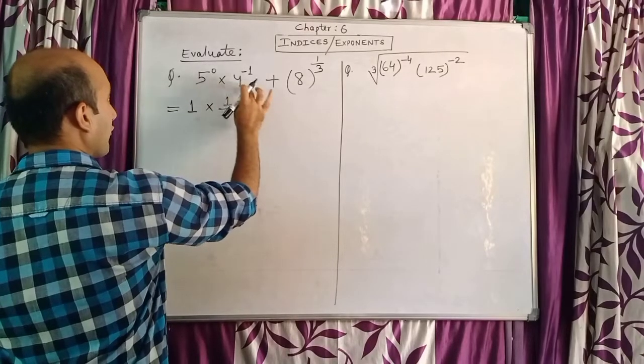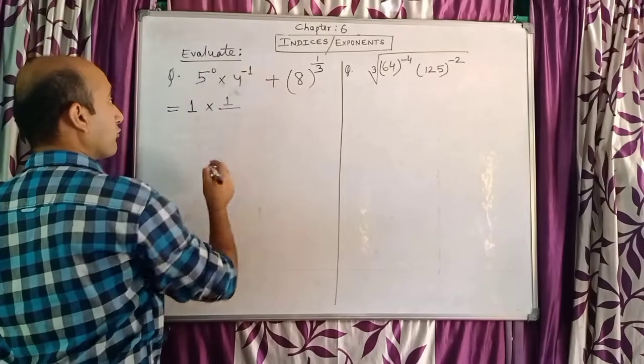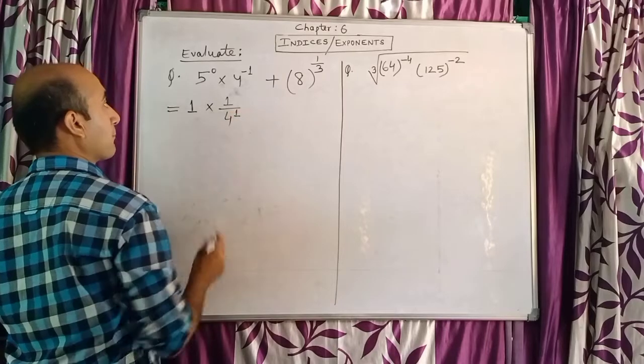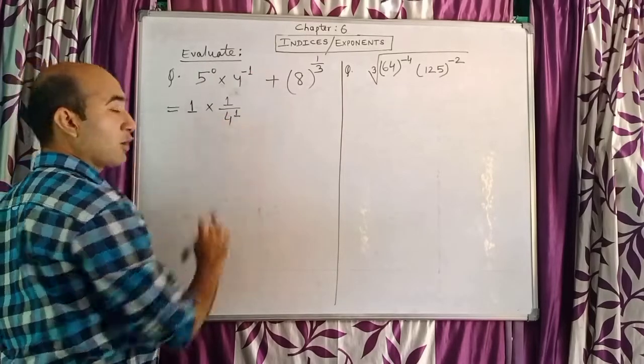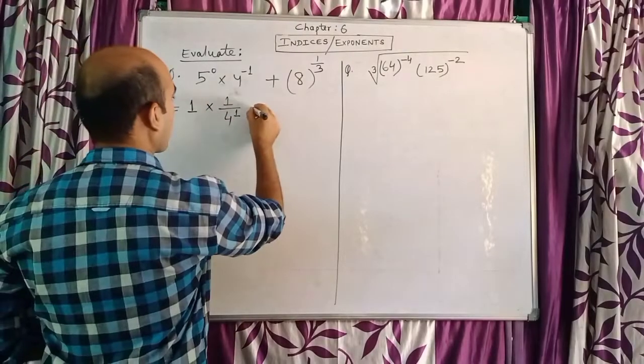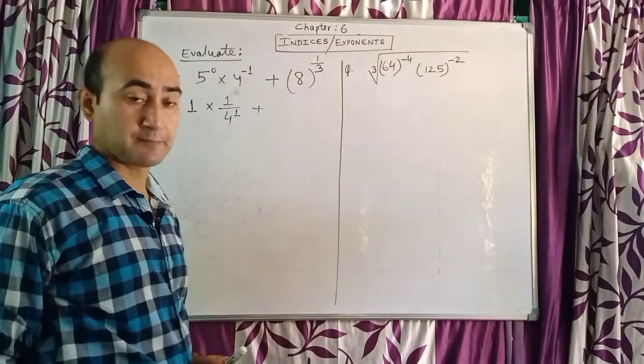Below 4 there is 1 as denominator, so 1 I write at the top and 4 you bring down. Now the negative power becomes positive, so minus 1 became positive. So this is 4 to the power 1, plus 8 to the power 1 by 3.